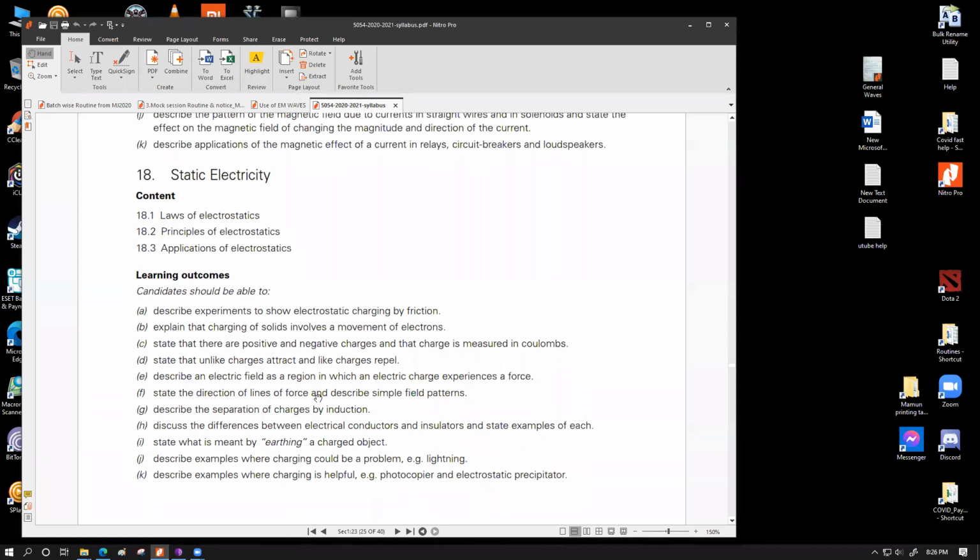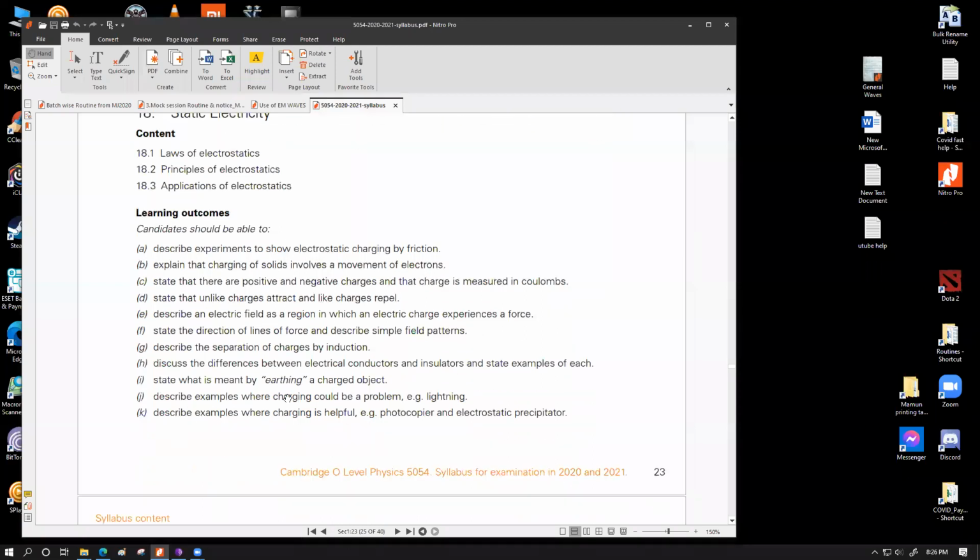State the direction of the lines of force and describe simple field patterns. Simple field pattern মানে হচ্ছে তোমাদের যে ফিল্ডগুলো আছে, যে সিঙ্গেল পজিটিভ চার্জ কেমন হয়, নেগেটিভ চার্জ কেমন হয়, দুটো পজিটিভ চার্জ পাশাপাশি থাকলে কেমন হয়, দুটো নেগেটিভ চার্জ পাশাপাশি থাকলে কেমন হয়, এইসব ভাবি যাবে. Discuss the separation of charges by induction. We know this. Discuss difference between electrical conductors and insulators.